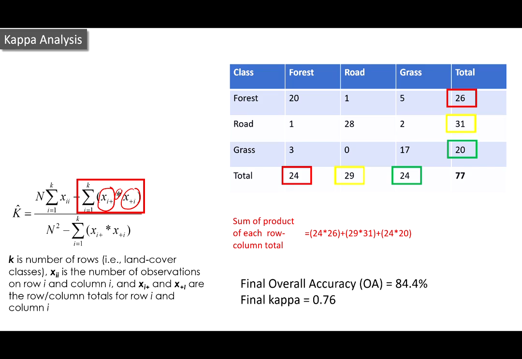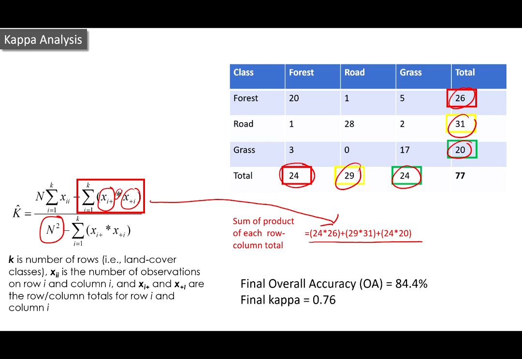So we start with forest column times forest row, plus road column times road row, plus grass column times grass row. And you can see this term just boils down to this. It's something that is simple once you set up an Excel spreadsheet to help you do this automatically. On the bottom we just have n squared, and so that's just going to be 77 squared, and this is also the exact same as this. So there's nothing new to know.